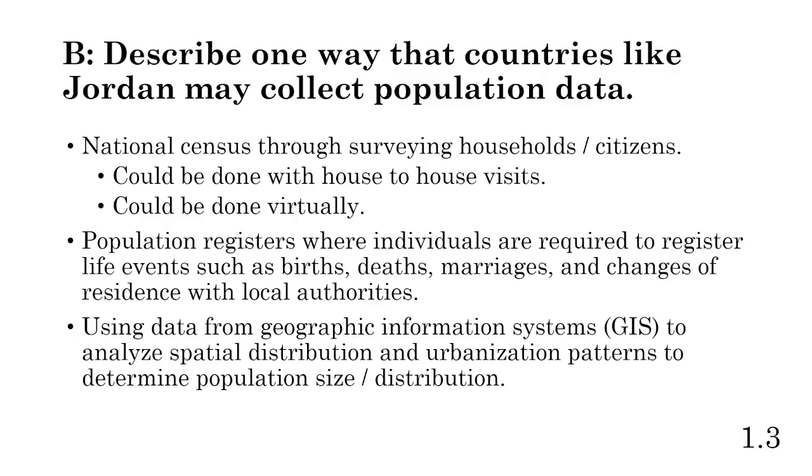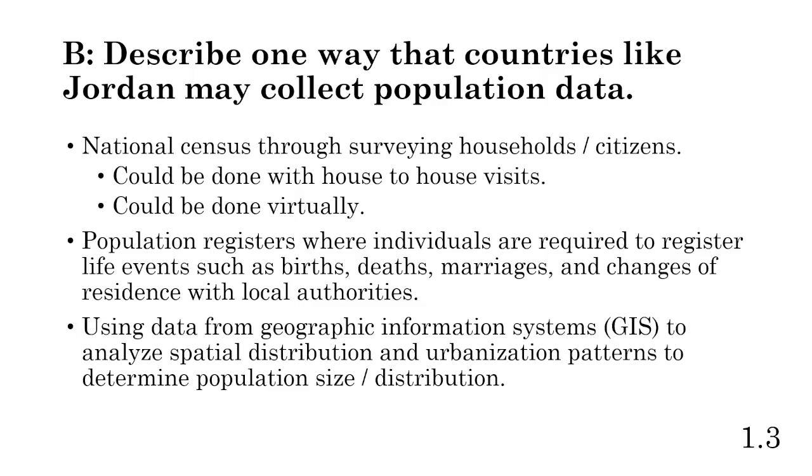And then another one, something kind of related to the technology that we learned about, the GIS, is you could use data from a GIS to analyze spatial distribution or urbanization patterns or some kind of settlement pattern and distribution to estimate or determine the population distribution or population size. It's actually not asking, describe one way that countries may collect the number of people or the actual population.